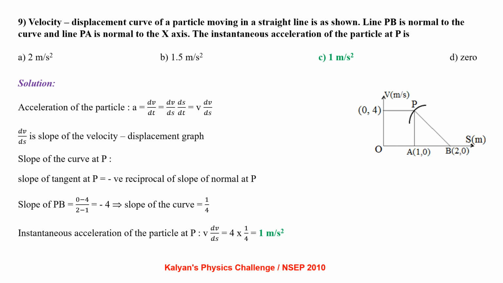So slope of the graph at P equal to negative reciprocal of slope of normal at P. So slope of PB, which is a straight line, comes out to be minus 4. So the slope of the curve will be 1 by 4. Instantaneous acceleration of the particle at P is v times dv by ds. So that comes out to be 4 into 1 by 4, 1 meter per second square.